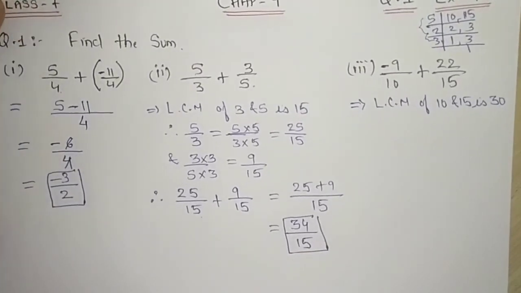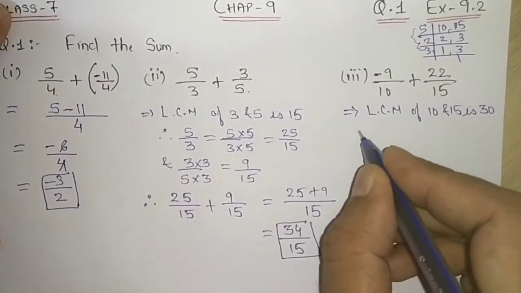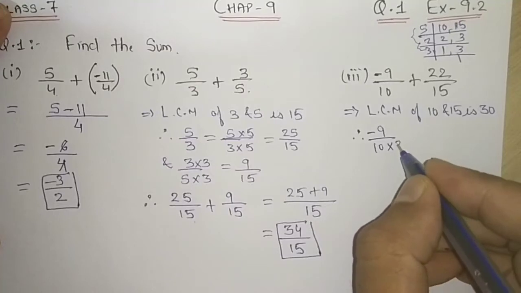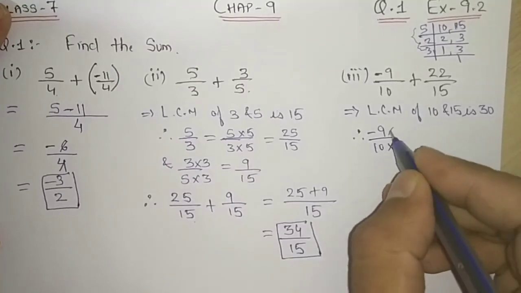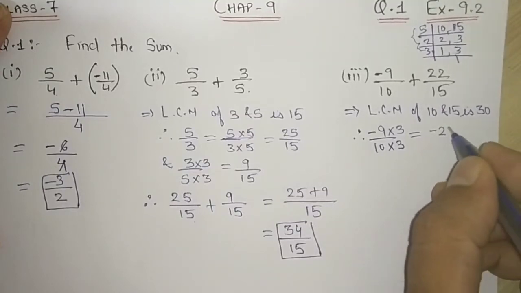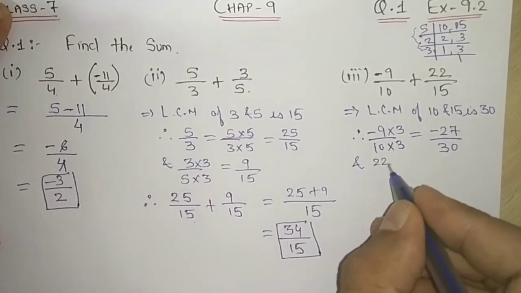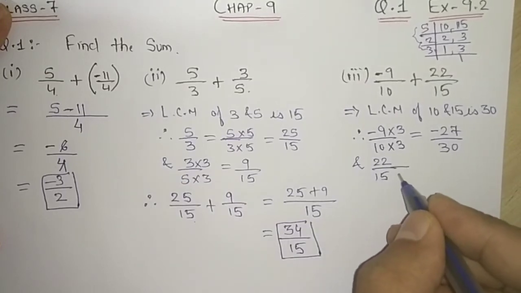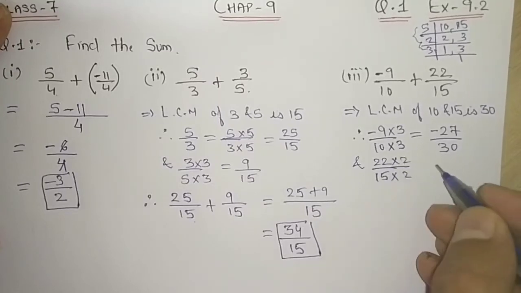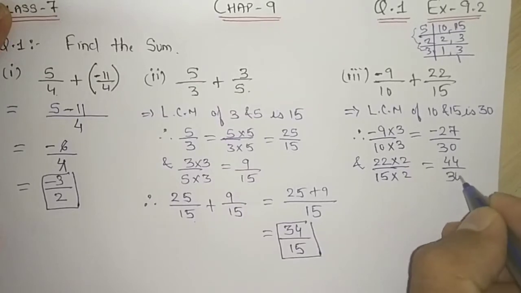Now we will multiply the denominator to make it 30. Therefore minus 9 by 10, 10 I must multiply it by 3 so that I can get 30. So numerator also by 3. New number we will get is minus 27 divided by 30 and 22 by 15. To make 15 30, we must multiply it by 2, so numerator also by 2. So we will get 44 divided by 30.